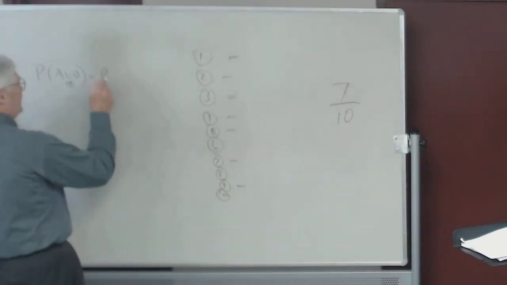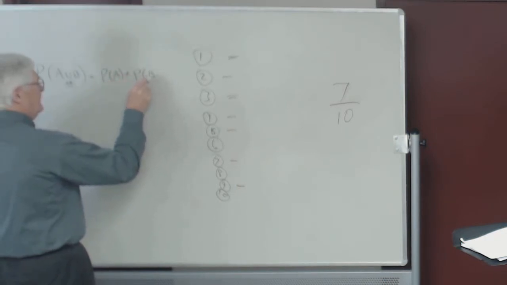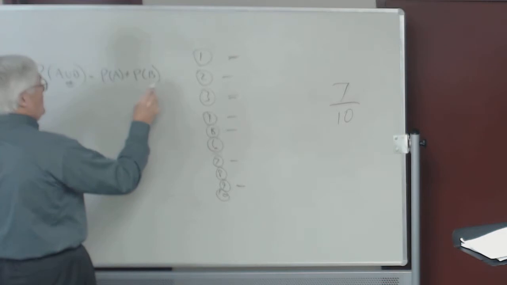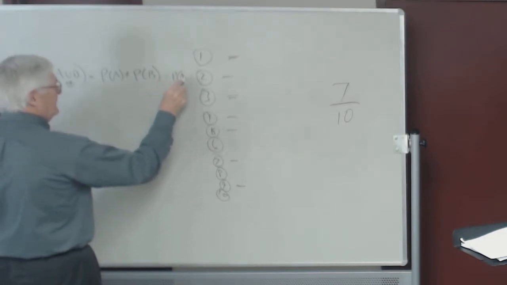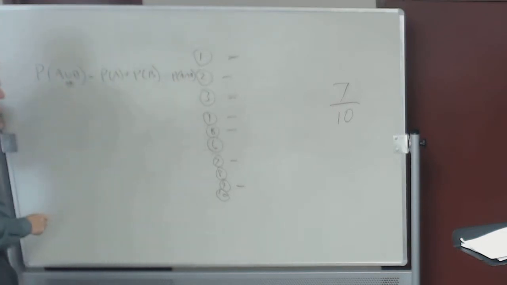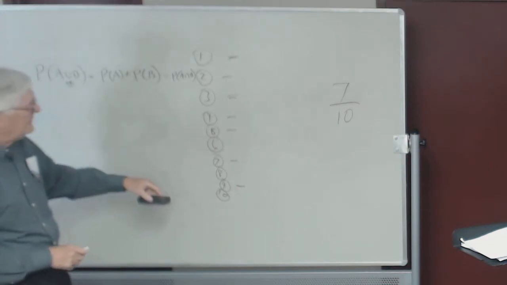Is the probability of A plus the probability of B minus the probability of A intersect B. So what's the probability of A?